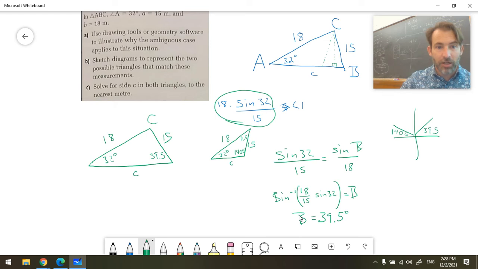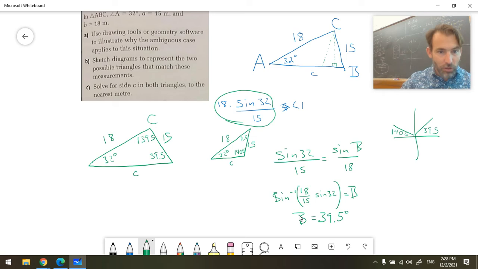This one here is not going to be that; it's going to be something different. It's 32 plus 39.5, which gives me 71.5. 180 minus that gives me 139.5. You just get that by using the sum of the interior angles of a triangle.